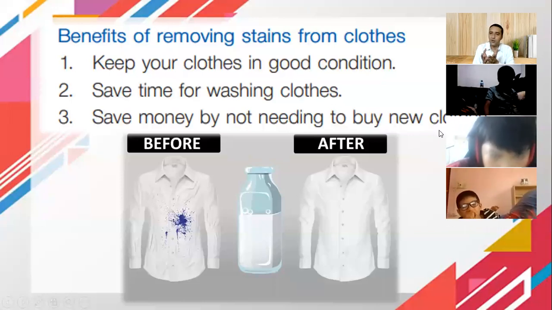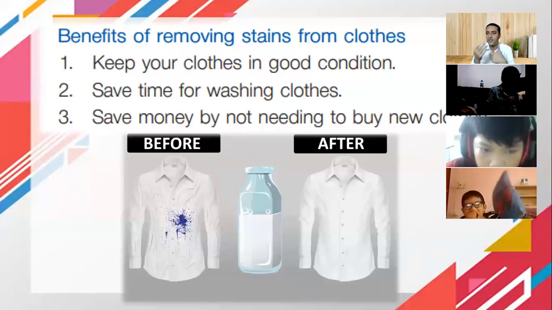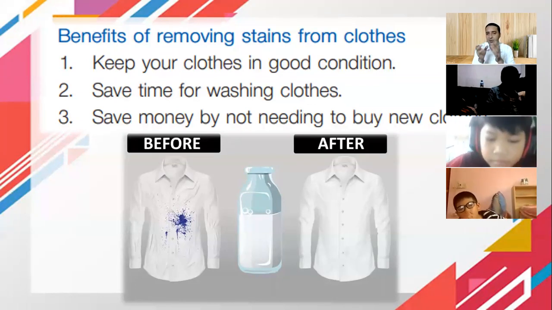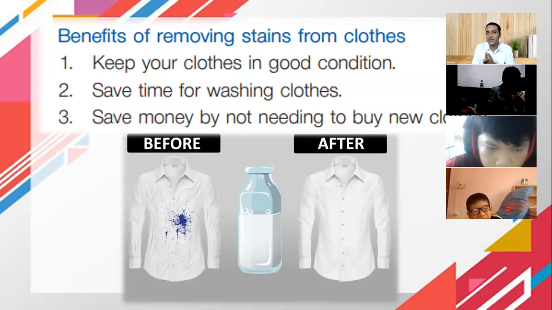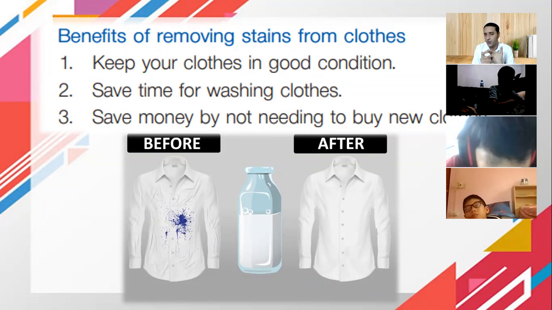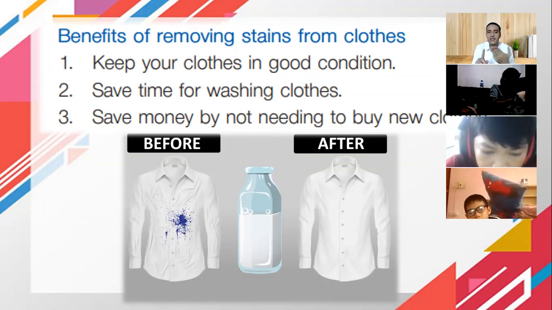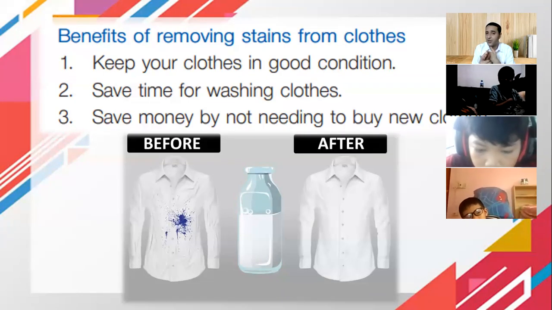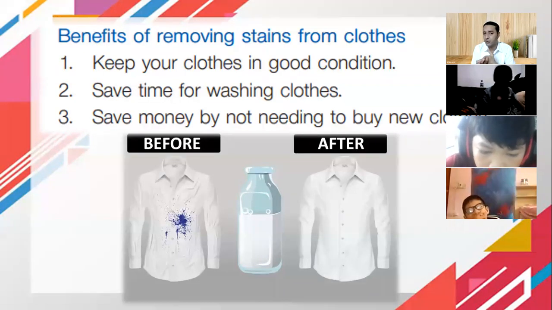If we follow these ways of removing stains, using the proper formula and the proper way, it will help keep our clothes in good condition, save time for washing clothes, and save money by not needing to buy new clothes.